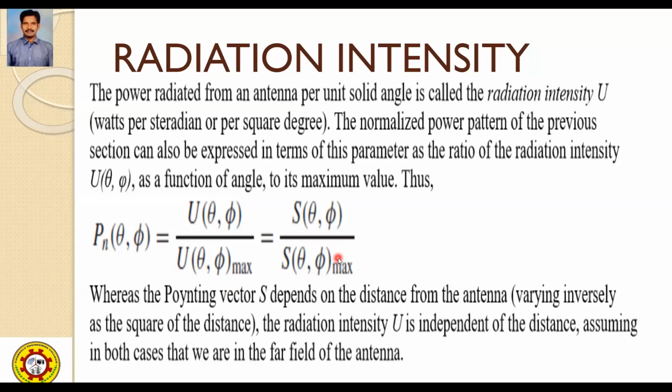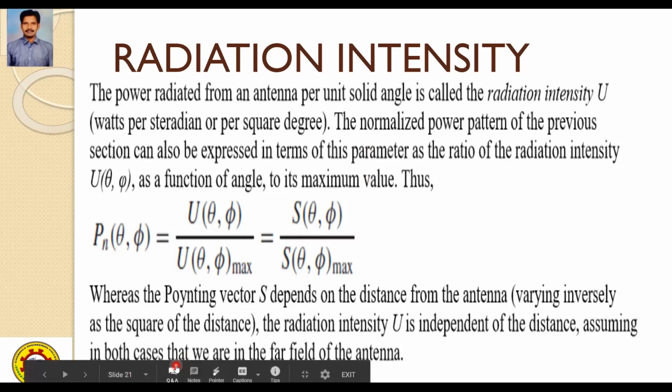This power pattern depends upon the distance from the antenna, varying inversely with the square of the distance. Why? Because the power pattern equals the square of the field pattern. Yes, your guess is correct.